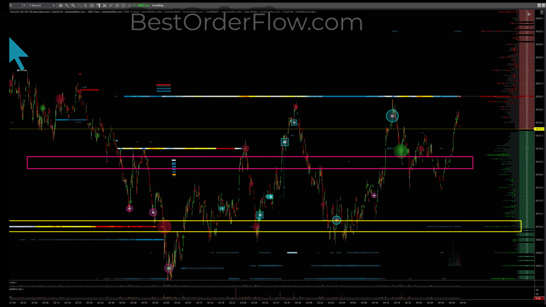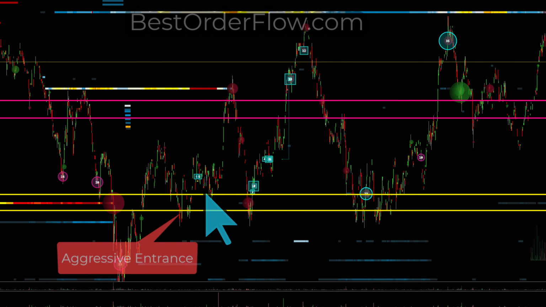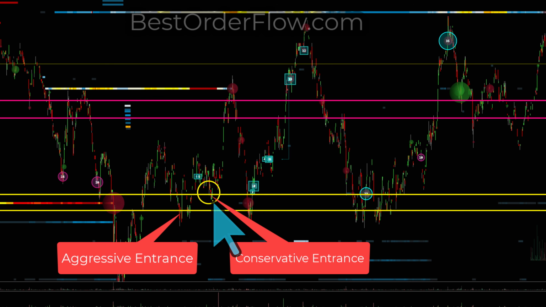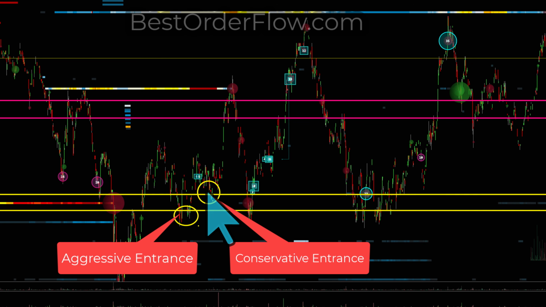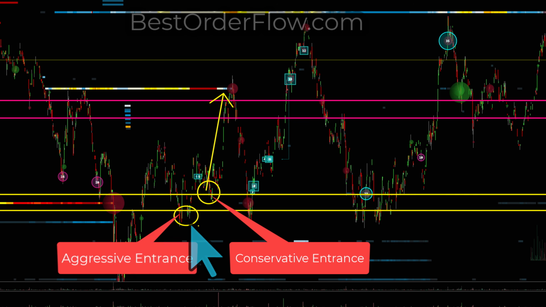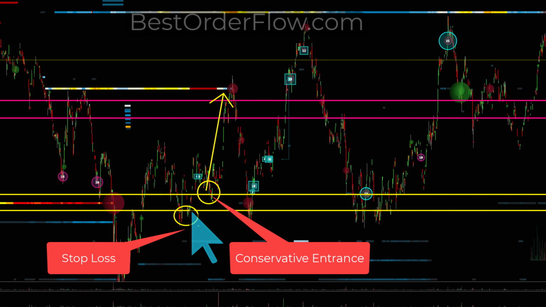The second or third time is usually a great spot to enter. This is less aggressive compared to entering over here, and there are more chances. You're absolutely sure where to put your stop, because if this is the entrance, you can position your stop right below this resistance or support.